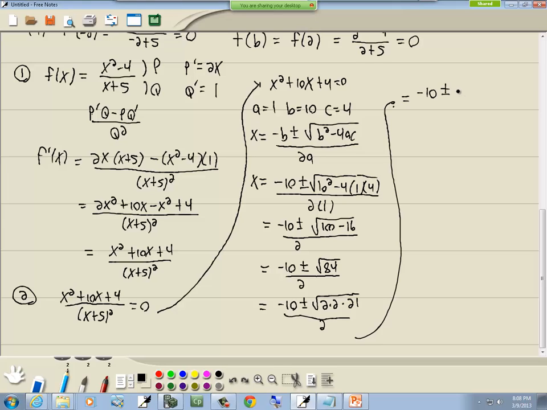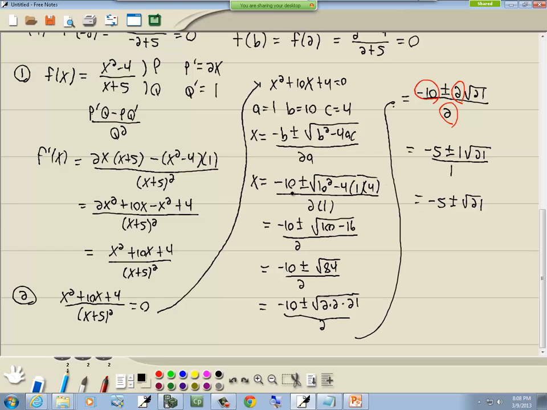Again, with the square roots, we're looking for a pair of numbers. So a pair of 2's comes out, and we're left with 21 inside, over 2. Now remember with the quadratic formula, if you can divide this number and this number by the same number, do so. And they're all divisible by 2. So that gives us negative 5 plus or minus 1 square root of 21 over 1, which gives us negative 5 plus or minus square root of 21.